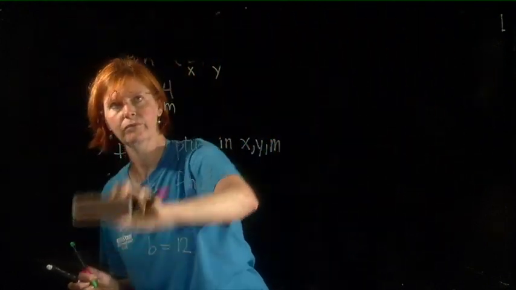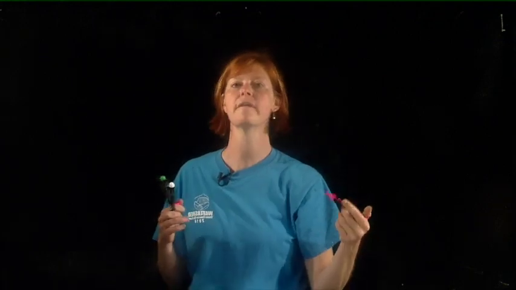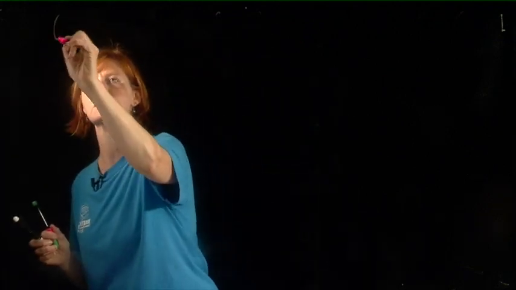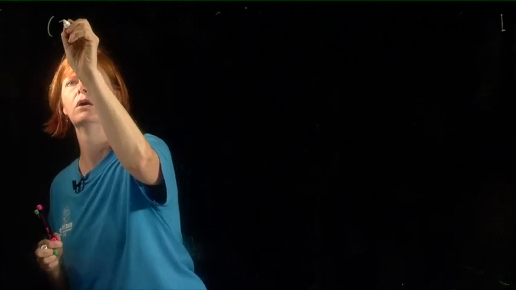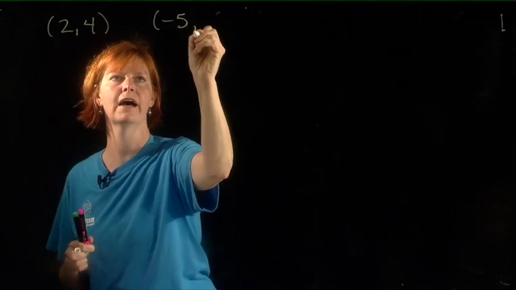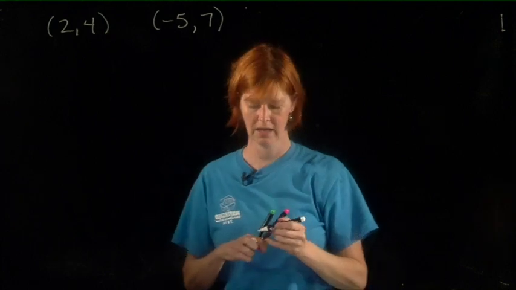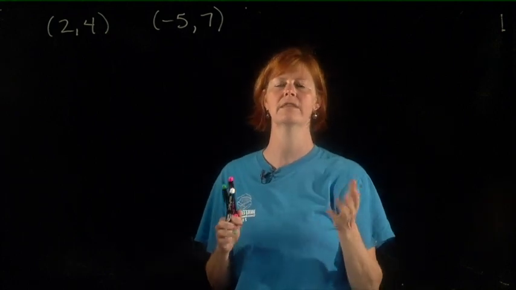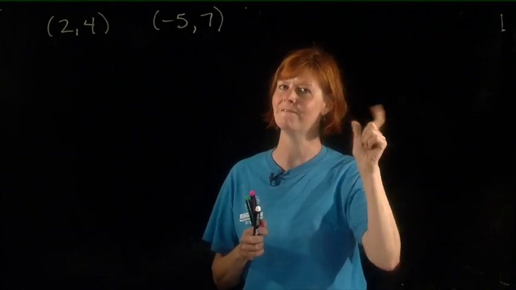Now, this time I'm going to give you 2 points. Same directions. Find the line that runs through these 2 points. Let's run through (2, 4) and (-5, 7). If the directions say find the equation of the line, every single time you should think find m, find b.